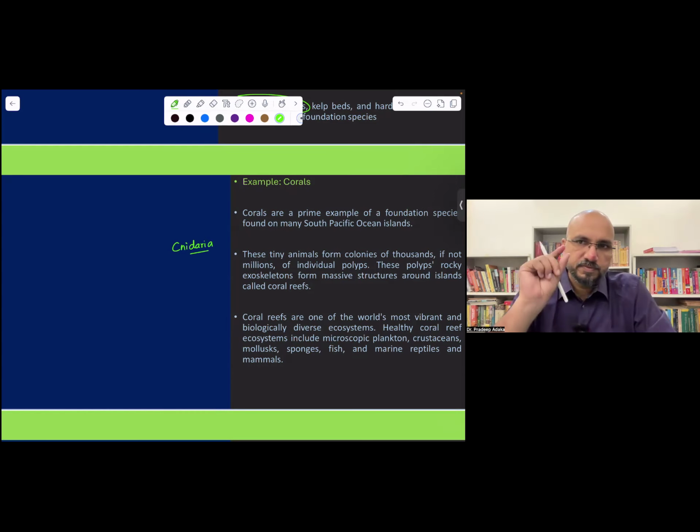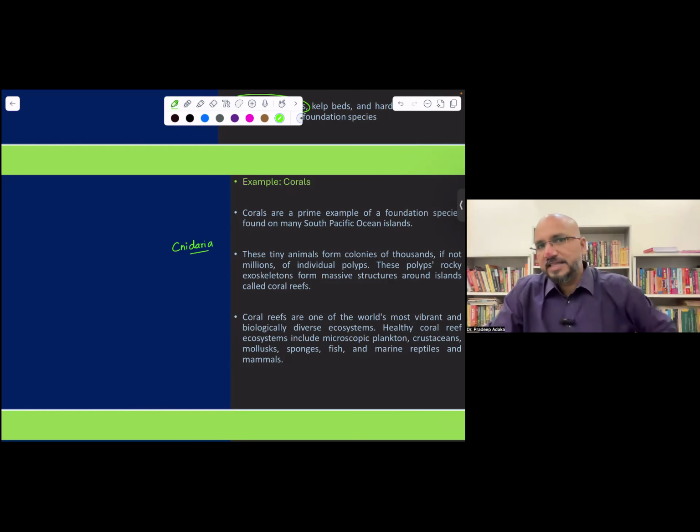Actually, these corals are sessile. That means they cannot move in their adult stage. In the larval stage, for a very short period of time, they can swim. But once they settle down, they become sessile or sedentary. Now, when the animal cannot move, it cannot protect itself from predators. It cannot catch food, right?